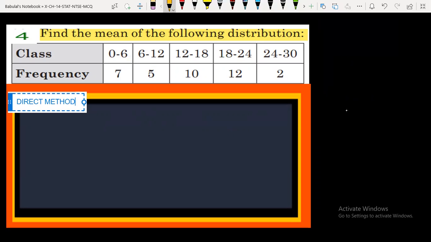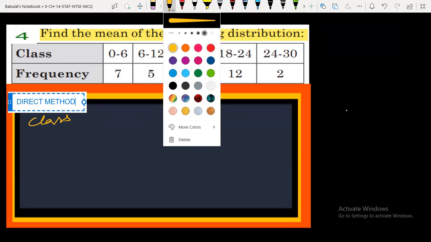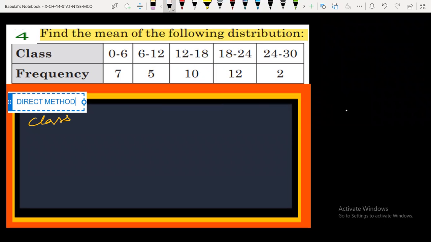So I'm doing it directly now. Right here the class, and then its frequency, then class mark, then fi xi.